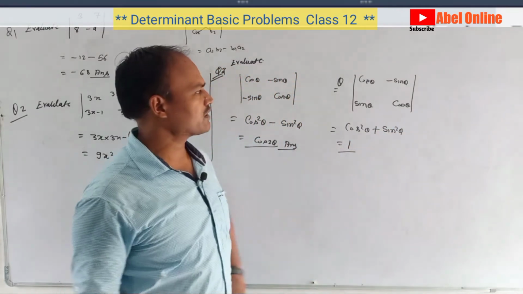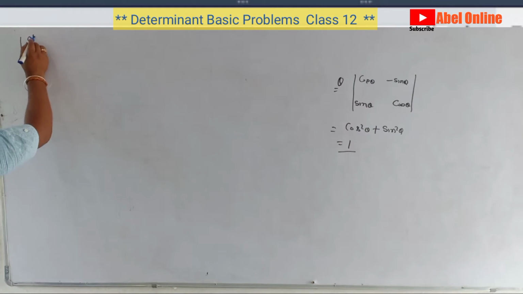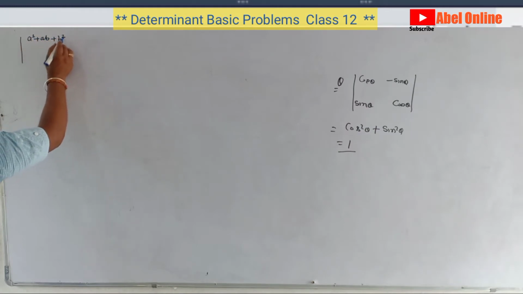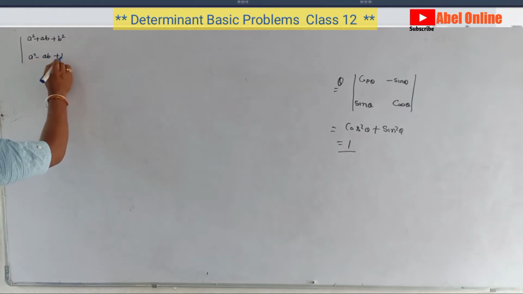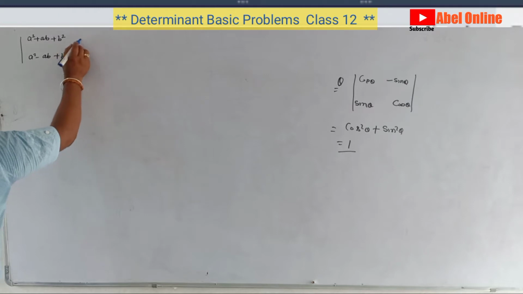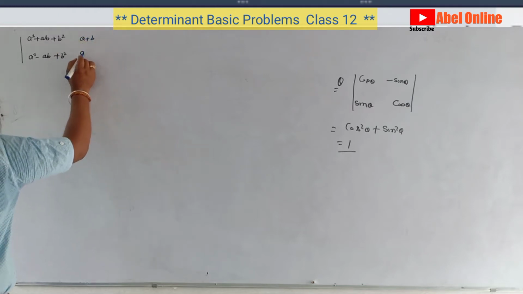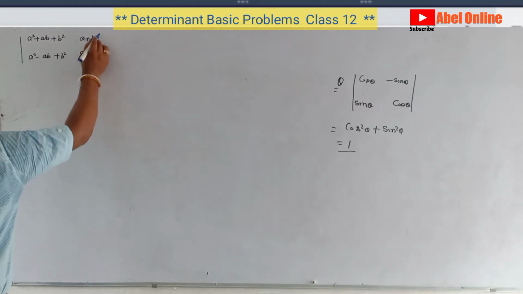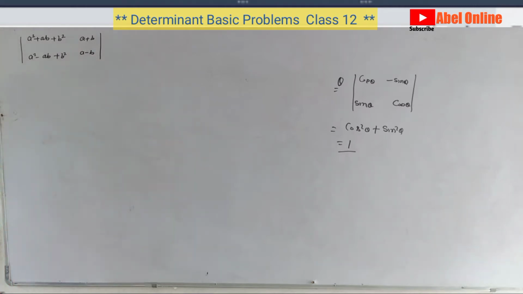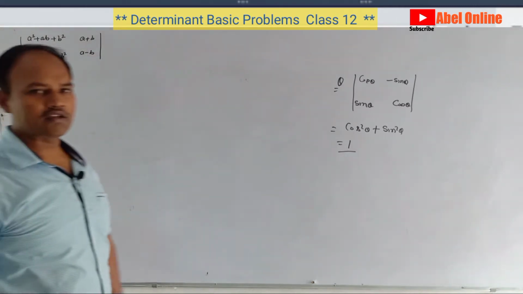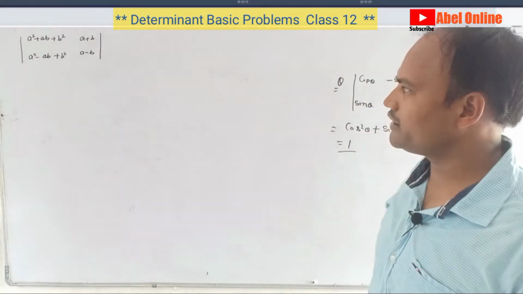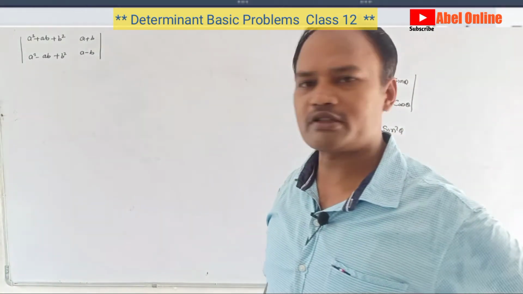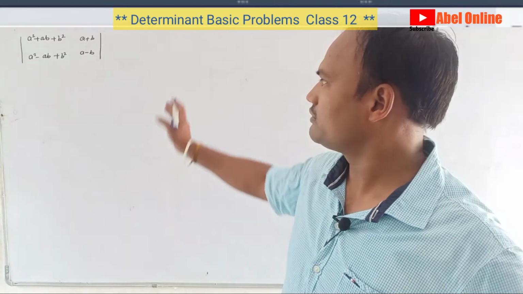So always remember that the question is this: a square plus ab plus b square, and here a plus b, and on that side a square minus ab plus b square, and the other side is a minus b.